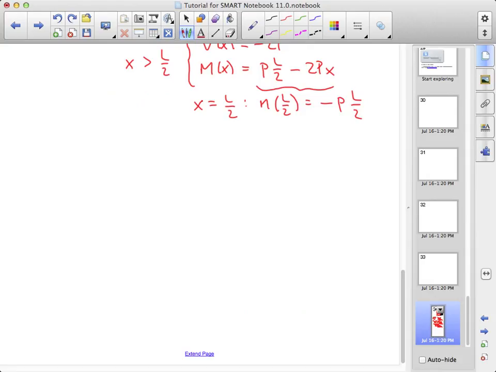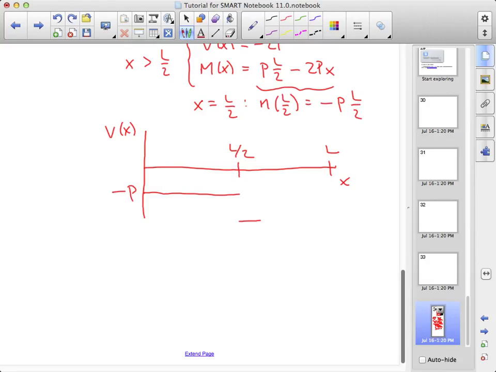The result of this is to give us shear force and bending moment diagrams that look like this. We have V as constant and equal to minus P before we get to L over 2.